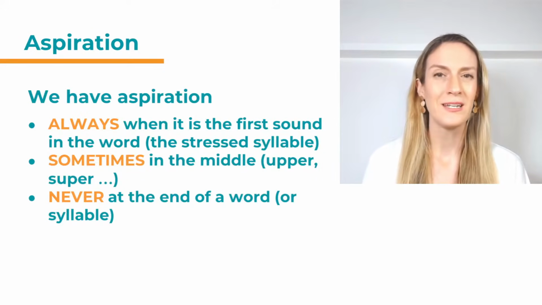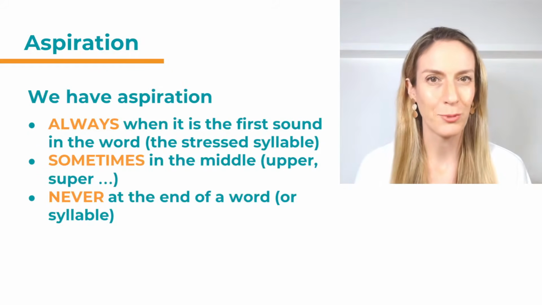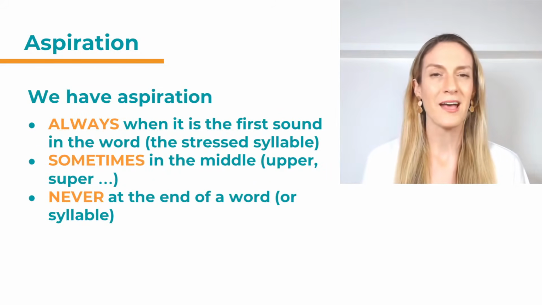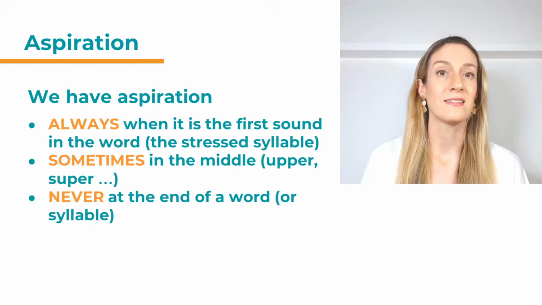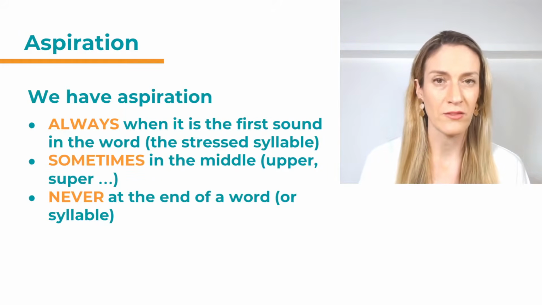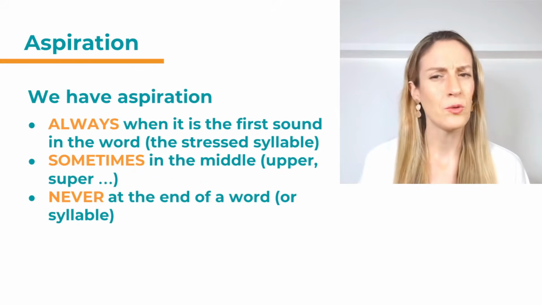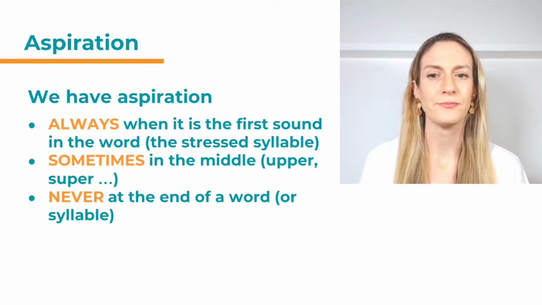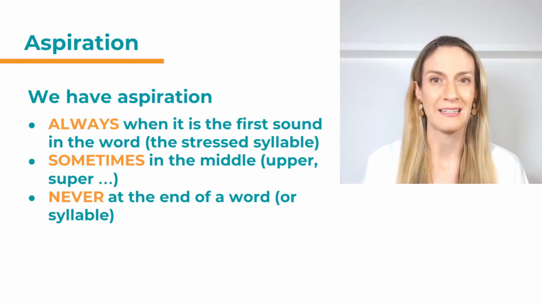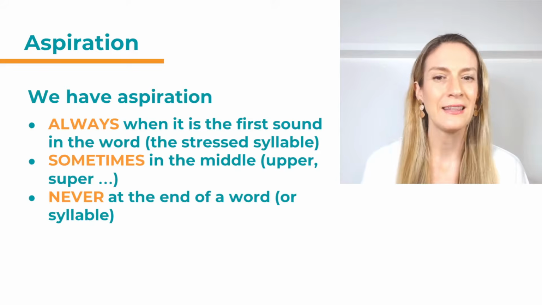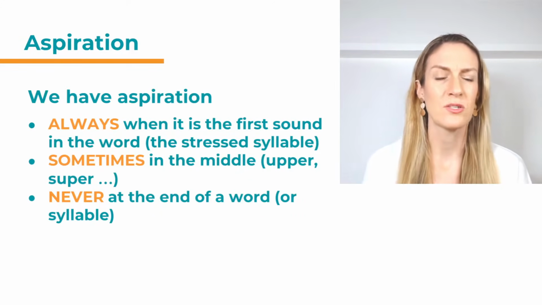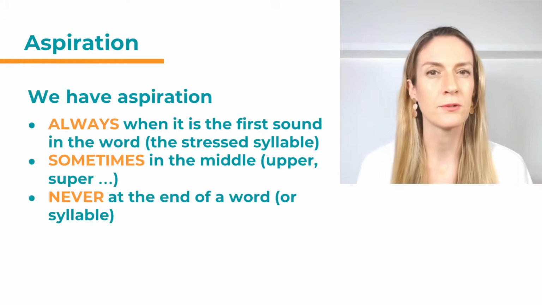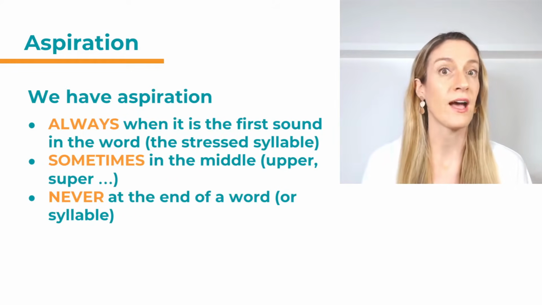Now, we need to summarize something very important. We have aspiration always when it is the first sound in the word, and it's the stressed syllable also of this word. And then we always have aspiration. But we also sometimes have aspiration in the middle of a word. So upper or super. Sometimes people pronounce those words with a little bit of aspiration.